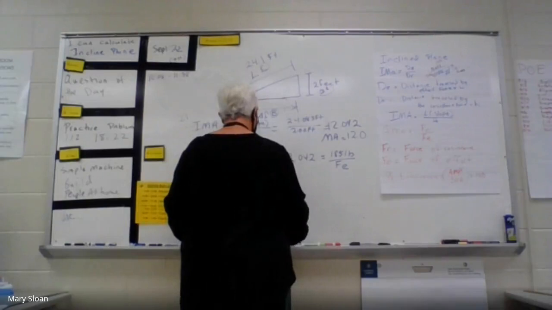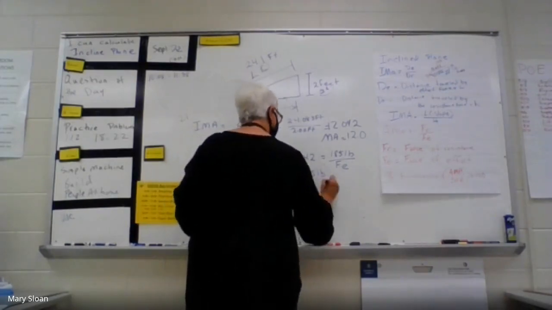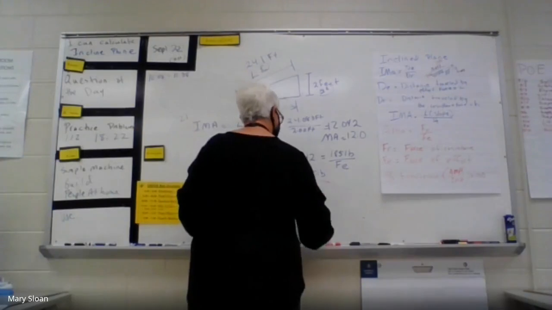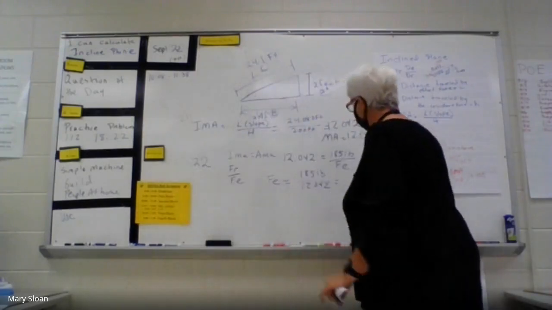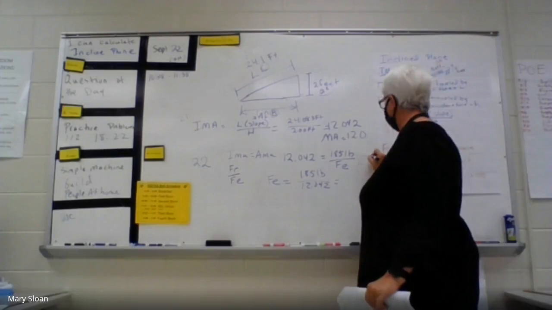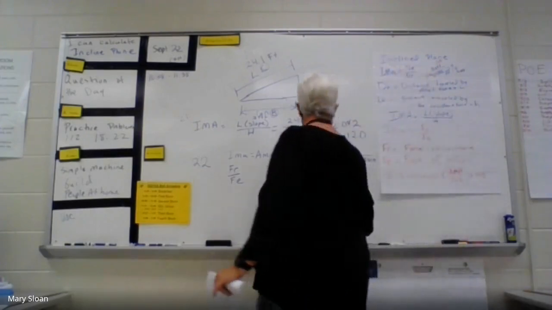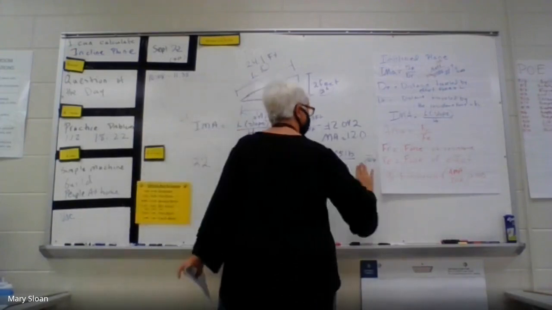So FE equals 185 pounds divided by 12.042. Because if you remember, if we go through and divide by 12.042 on this side, we would move it over here, which would be down. That's how we got this number.